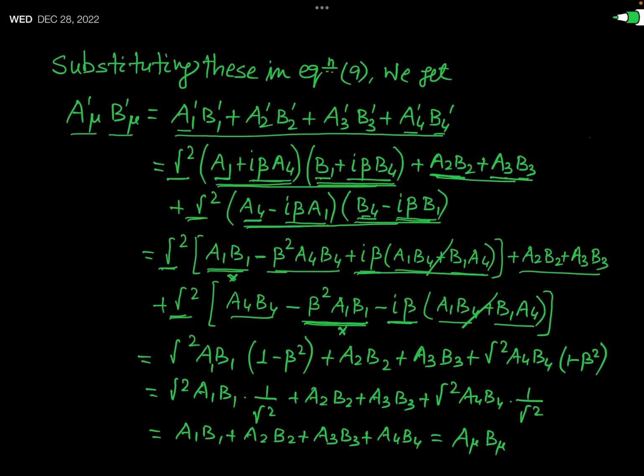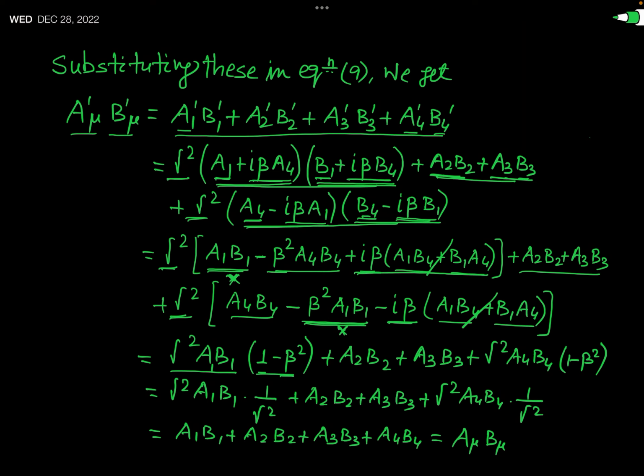You can see, actually, gamma square A1 B1 will be a common factor and in the first term there will be 1 now and in the second term this minus beta square remains. So combining these two crossed terms you can write gamma square A1 B1 times (1 minus beta square).